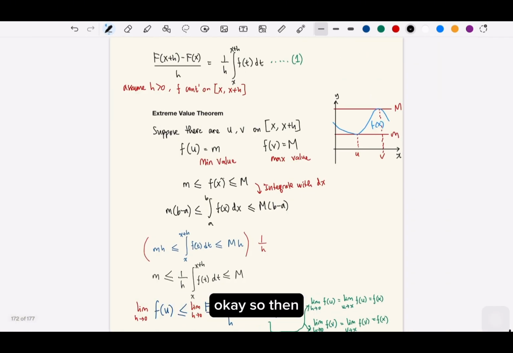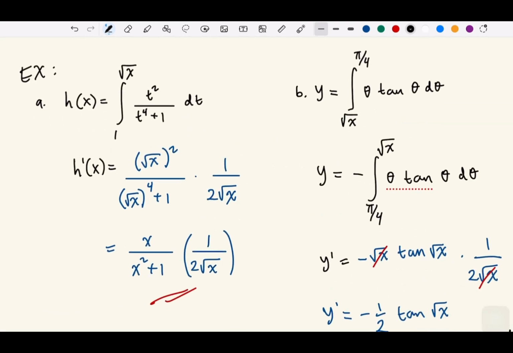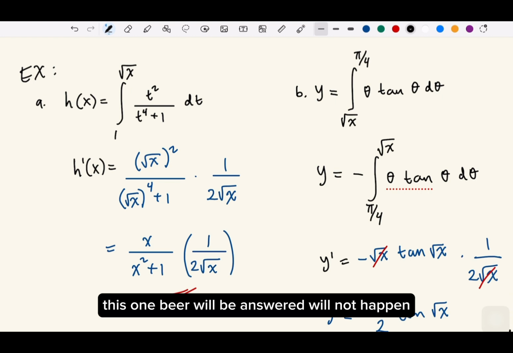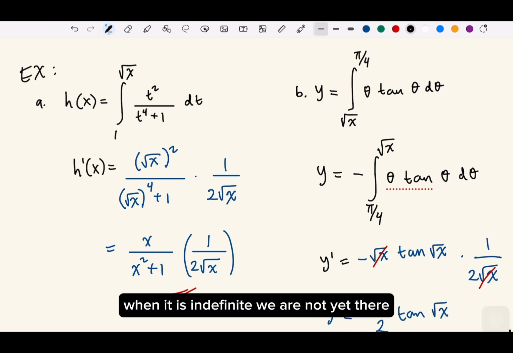So then this one here will be cancelled. When does the derivative of the integral end with us? When it is an indefinite integral. We are not yet there. This is still derivative actually, but we derive the integral.